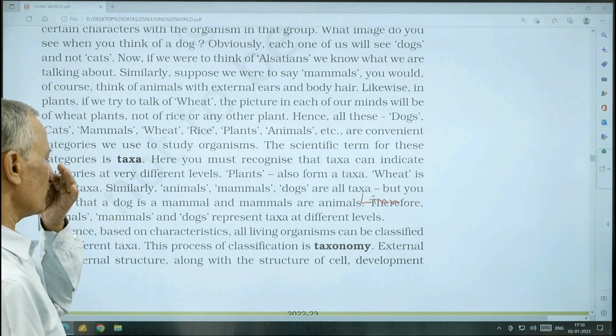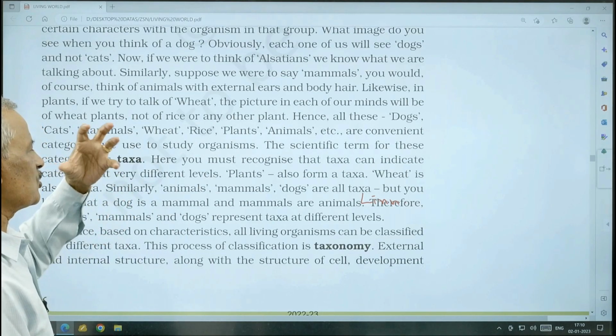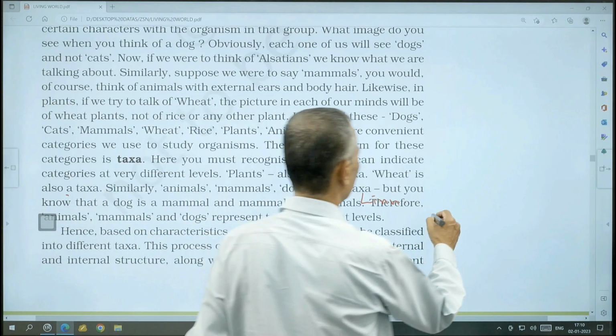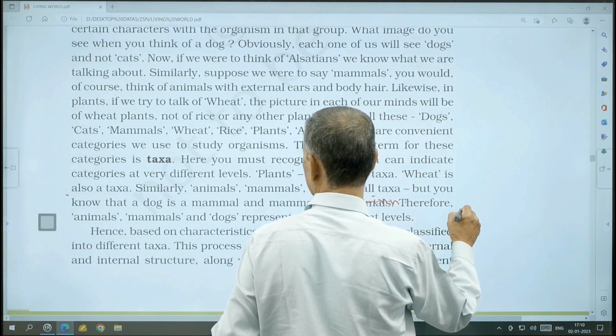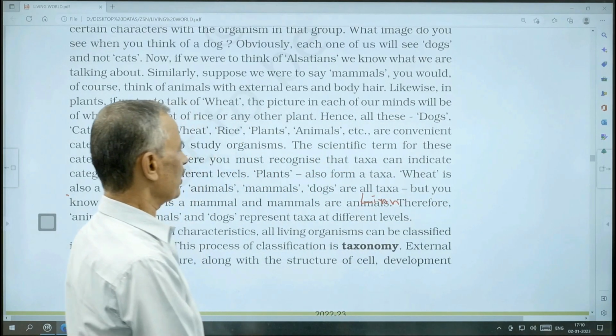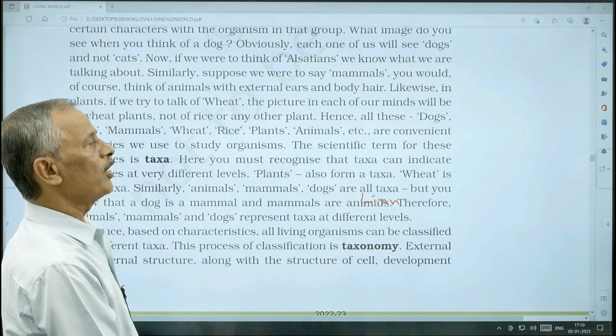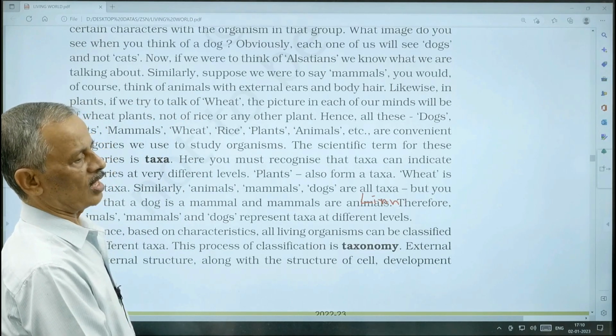And Linnaeus has made a system of classification which is having 7 broad categories. These 7 broad categories are a must for any organism in its classification.